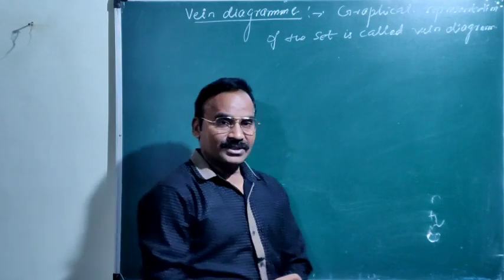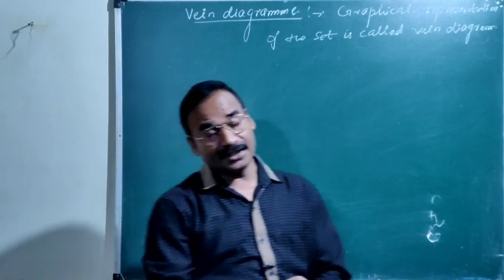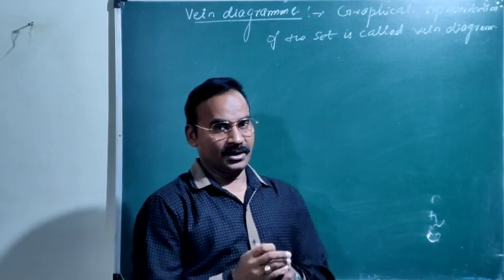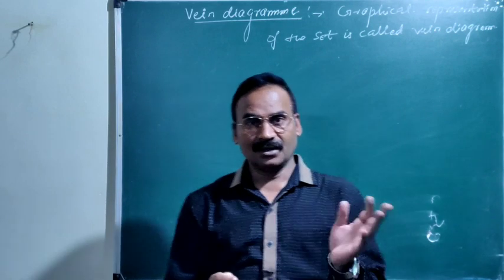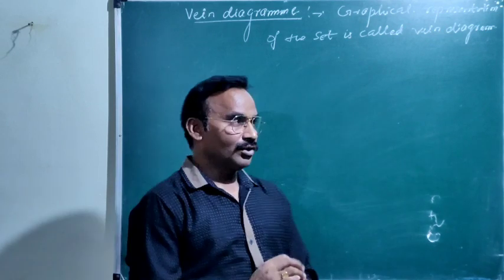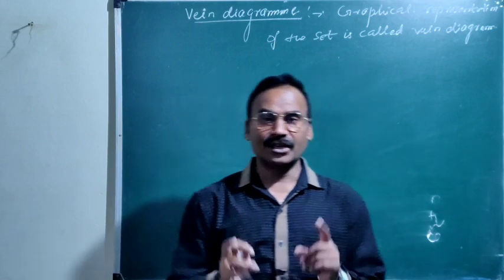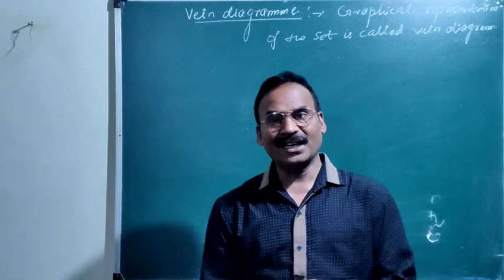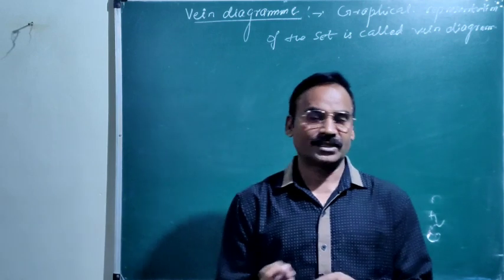So which type of set is represented in which manner? Basically we have two types of sets, first the universal set and second the subset, because there is a relation between the set and the universal set. The collection of all elements is called the universal set.